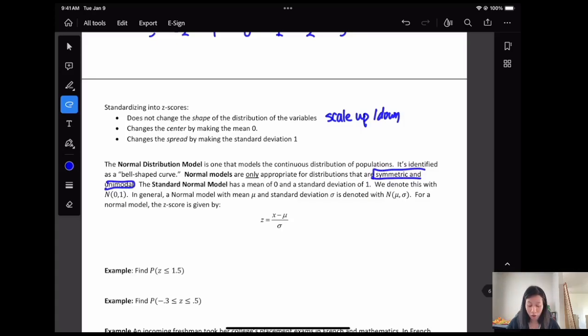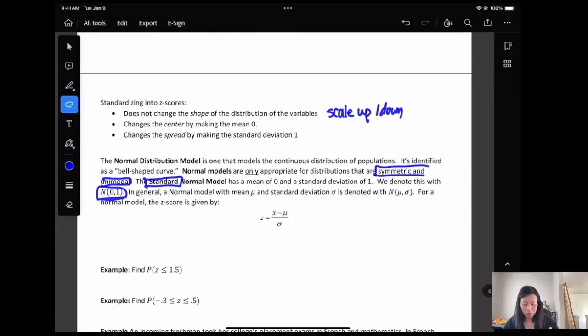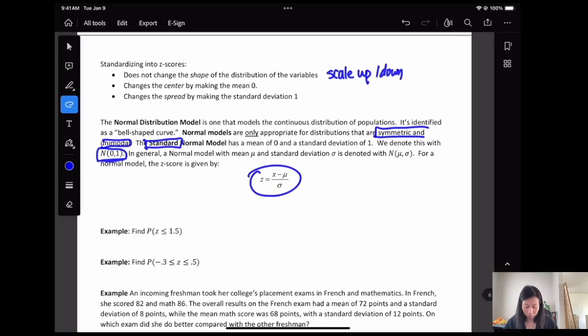The standard normal distribution, where we use z, has a mean equal to 0 and a standard deviation of 1. In general, a normal distribution is denoted N with mean mu and sigma. So the z-score is equal to x subtract mu, divided by sigma.